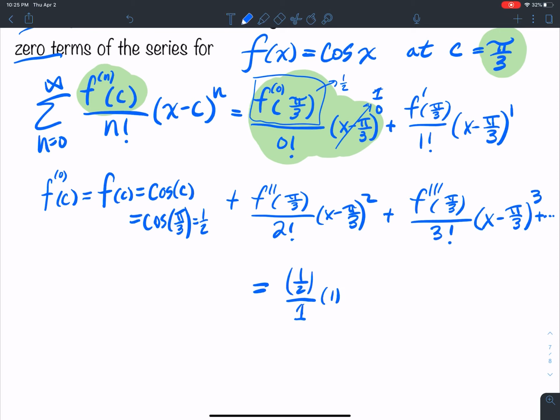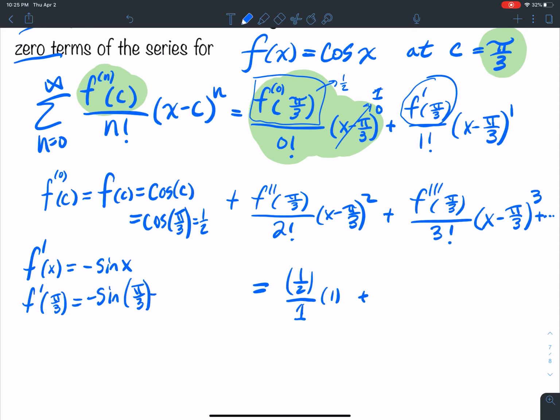All right, the next one I need to figure out is f prime. So what's the derivative of cosine? The derivative of cosine is negative sine. And so f prime of pi over 3 equals negative sine of pi over 3, which is negative square root 3 over 2.